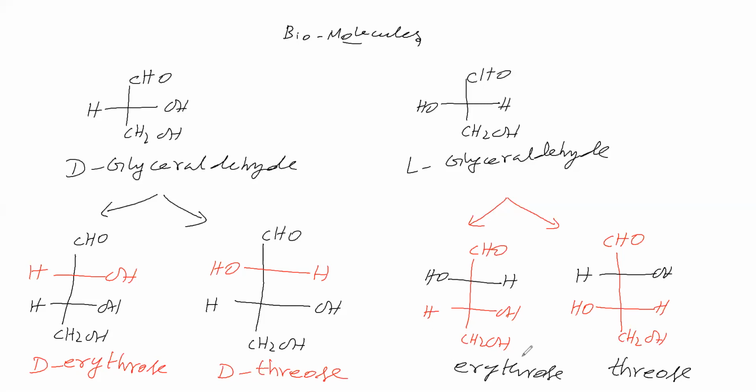Now we will see here in this case one correction is there. What is that correction? In this case the OH group is on the left side only, so that left side we will write like this.